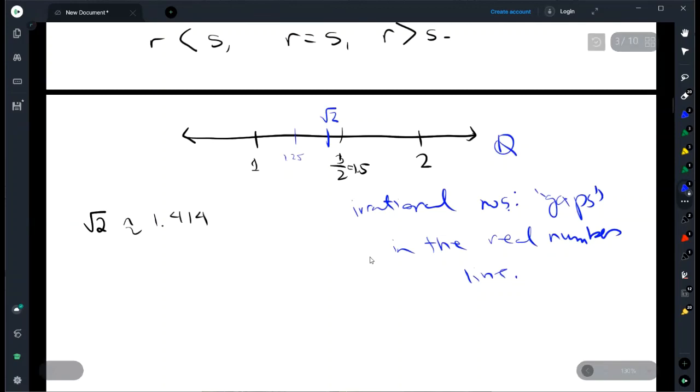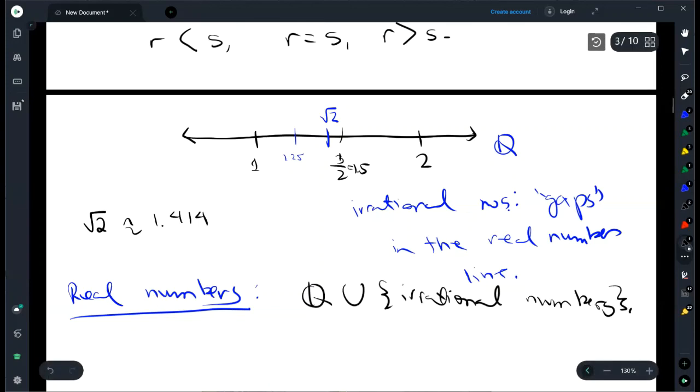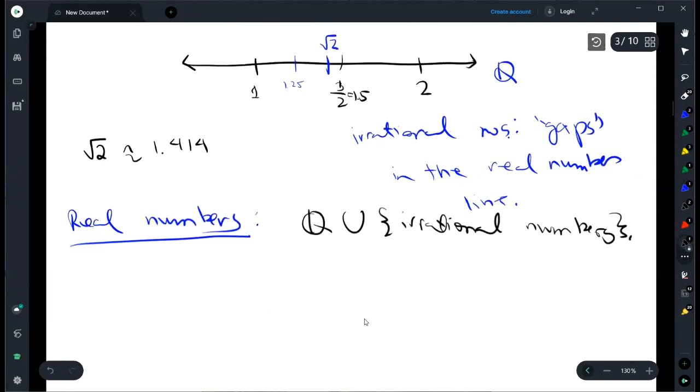And that brings us to describing the set of real numbers. So therefore, the set of real numbers can be described as the union of rational numbers and the set of irrational numbers. So this is how we can actually describe the real numbers.